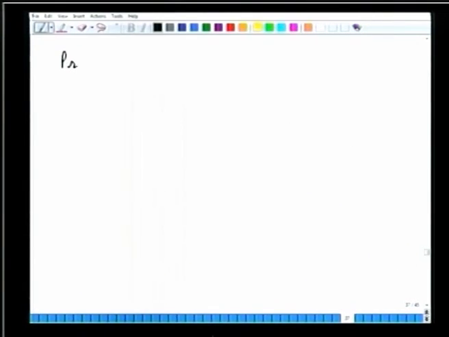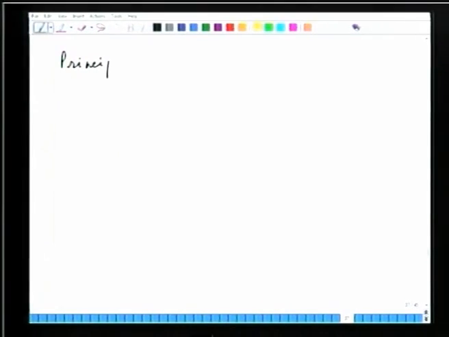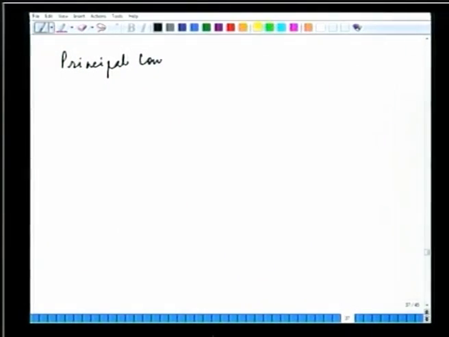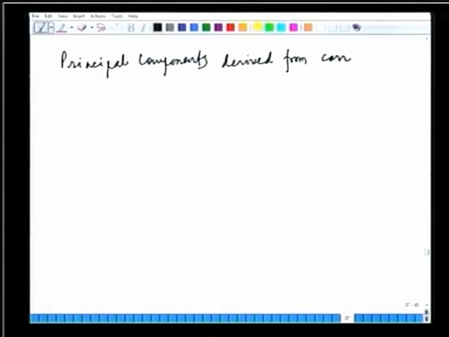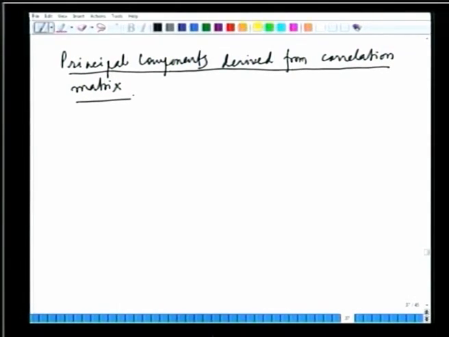So, I have principal components derived from the correlation matrix. We really do not have to do much here. We will see how a simple transformation helps us, and we will get all the results immediately from the ones that we have already proved.